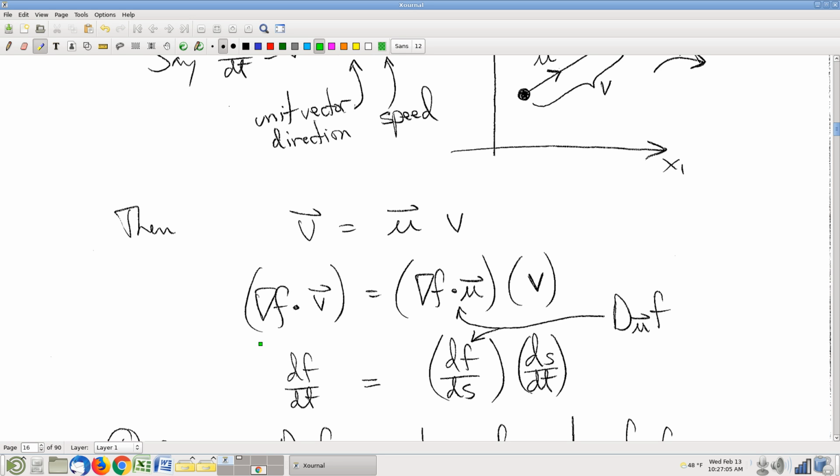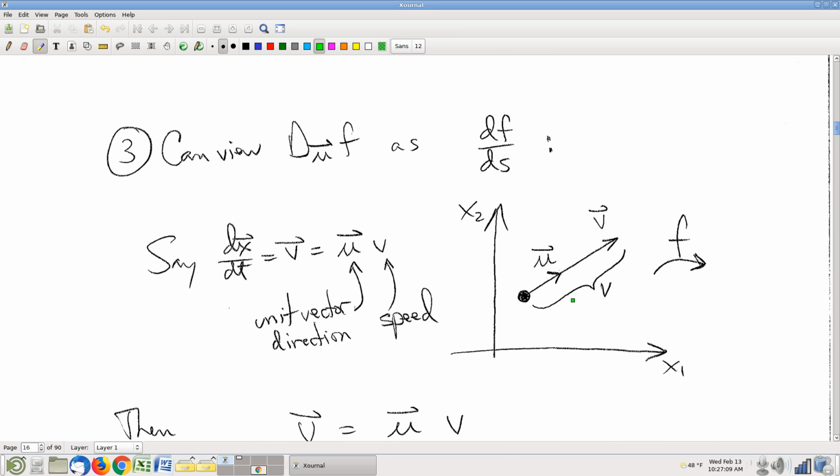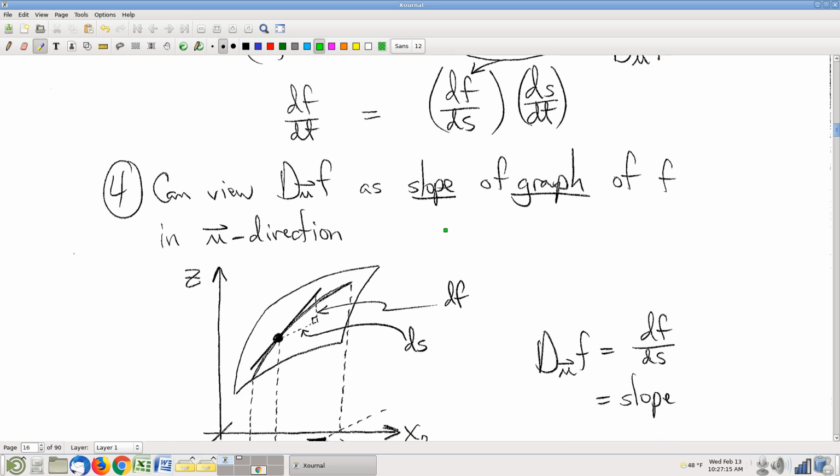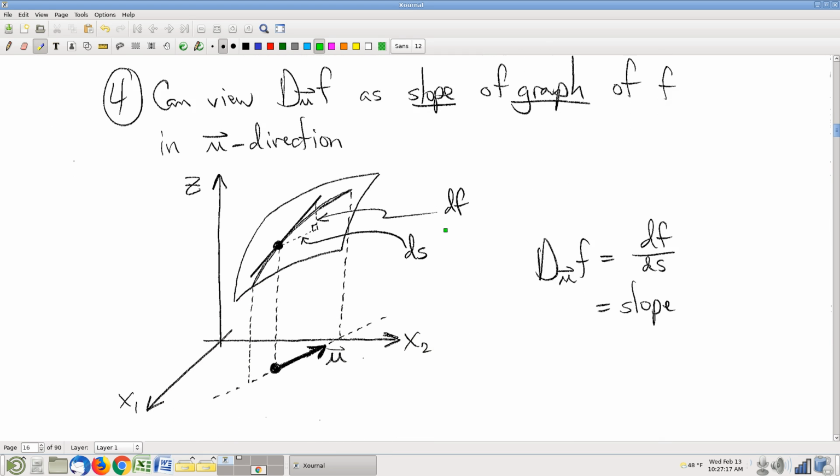Okay, so directional derivative is df ds, as we were hoping. All right. Here's another interpretation of directional derivative, and this is very convenient sometimes. Keep in mind, this is a special thing. That's a unit vector.